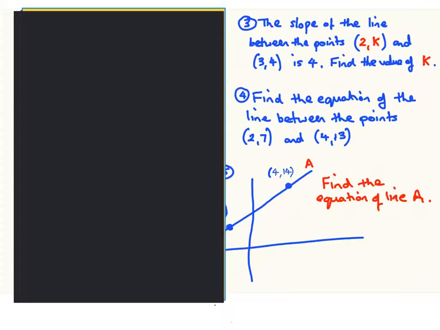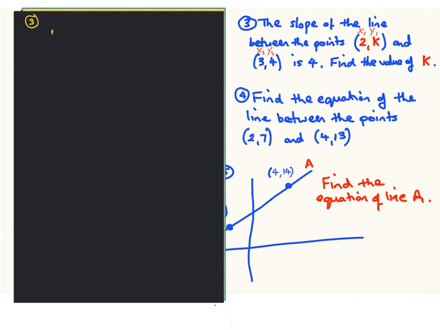And question 3, the slope of the line between the points 2, k and 3, 4 is 4. So we're going to do the same thing here. We're going to mark it x1, y1 and x2, y2. Try and find out k.